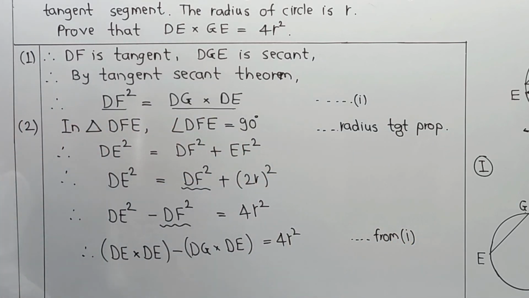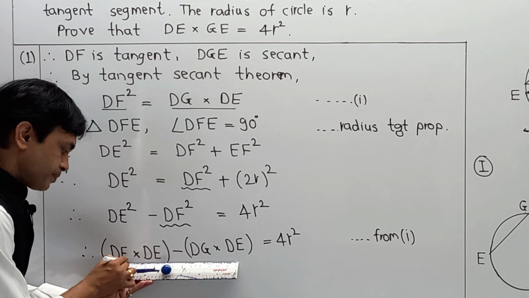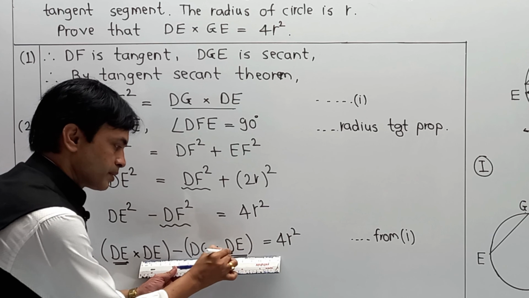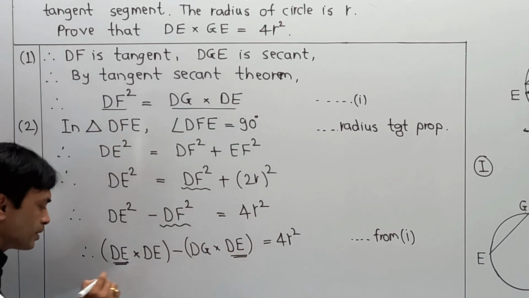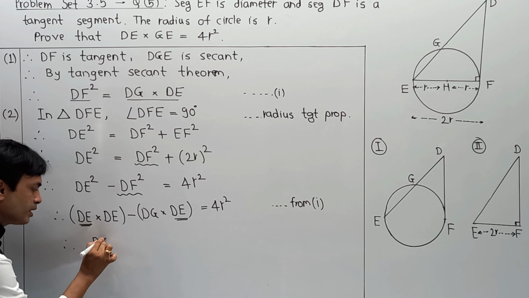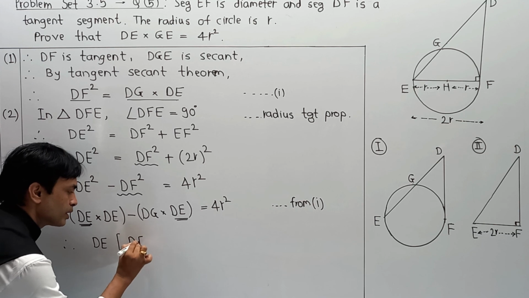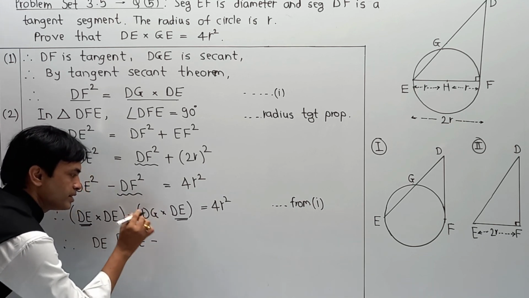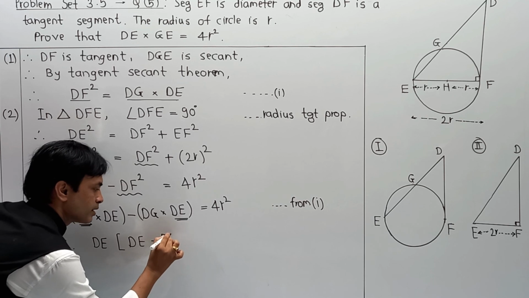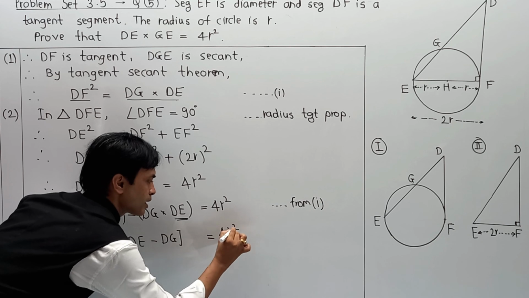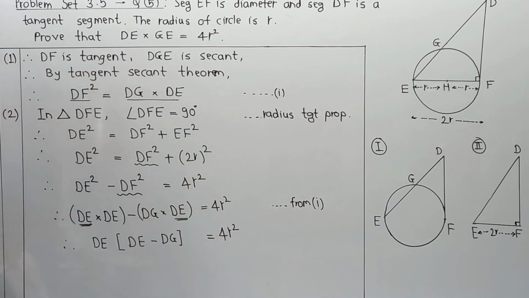Now, here we have one DE over here and again one DE over here. Taking DE as common, DE in bracket, one DE remains over here, minus sign, and DG. These are the remaining parts, equal to 4r square as usual. And now this is the main tricky step of this numerical, where the replacement is done.